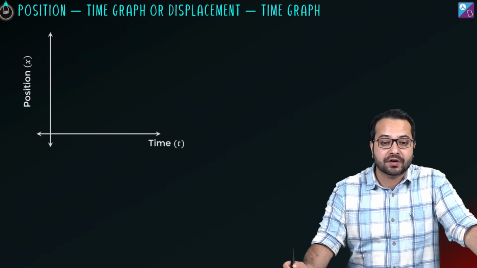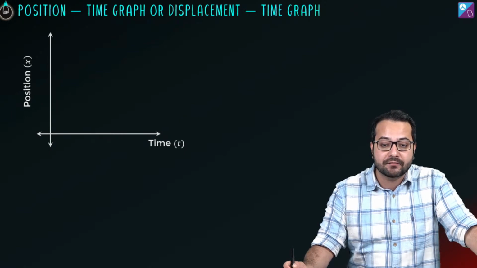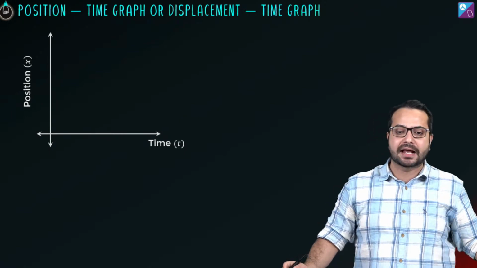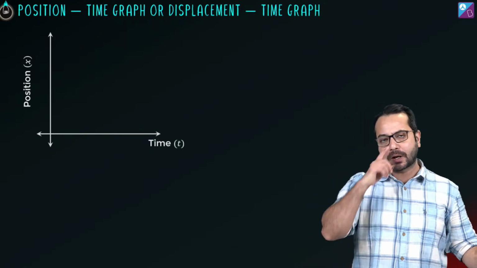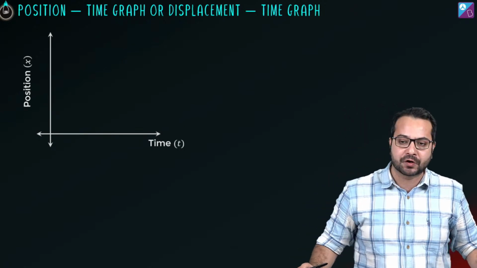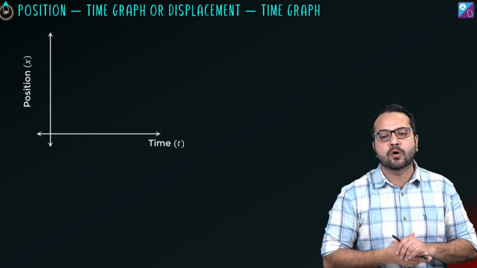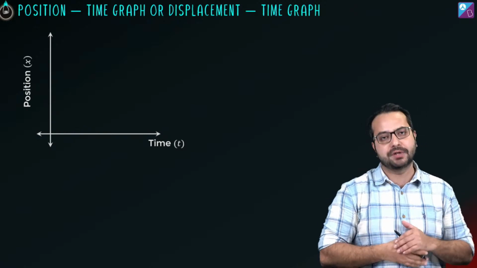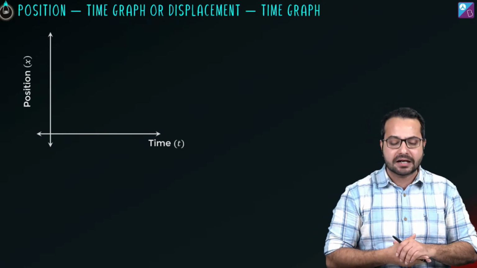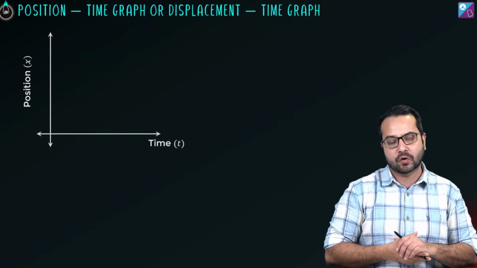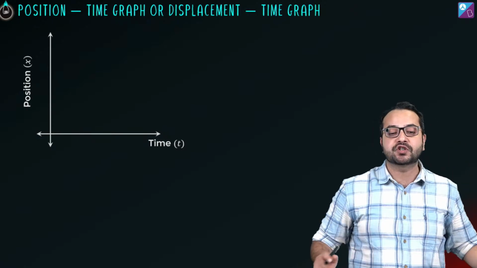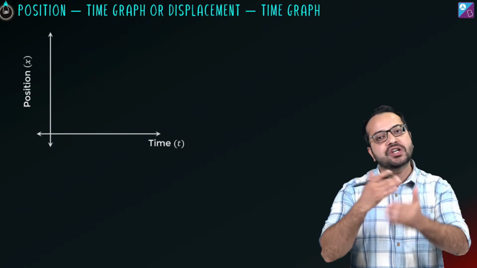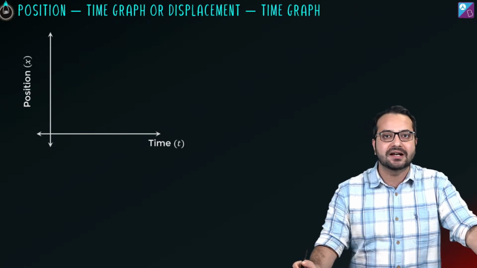Okay, स्वास्तिका बोल रही है वो समझने में टफ पड़ता है क्योंकि we don't spend time with that. Yes, absolutely, and that is why we are going to spend good amount of time over here. Okay, so what I'm trying to convey over here is that we can interchangeably use position time graph and displacement time graph. Okay, because the change in position gives us displacement, and the change in displacement also gives us displacement.